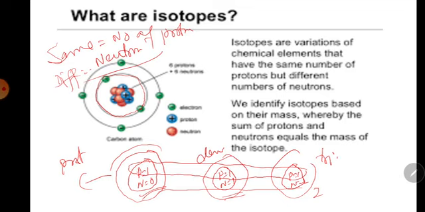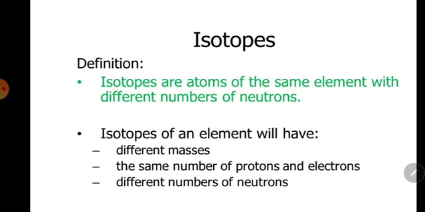Isotopes have the same charge number but a different mass number. Definition: isotopes are atoms of the same element with different numbers of neutrons. Isotopes of an element have different masses, the same number of protons and electrons, but different numbers of neutrons.